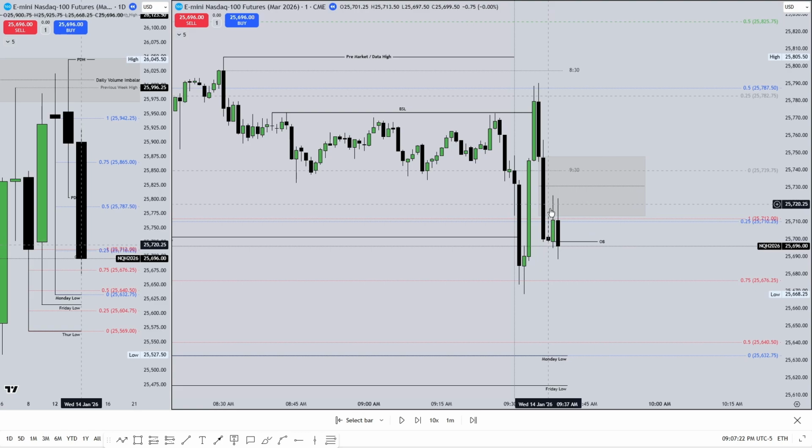No. The wick, which does the damage and the bodies tell the story, the wick can't even reach the midpoint. The body can't even reach the lower portion of the fair value gap. And then the very next candle trades through that opening price. So what that tells me is that price is extremely weak, and this is a valid order block.